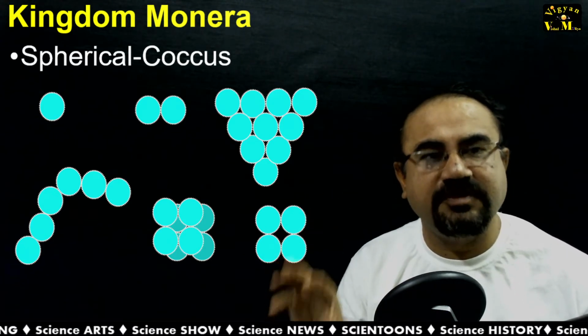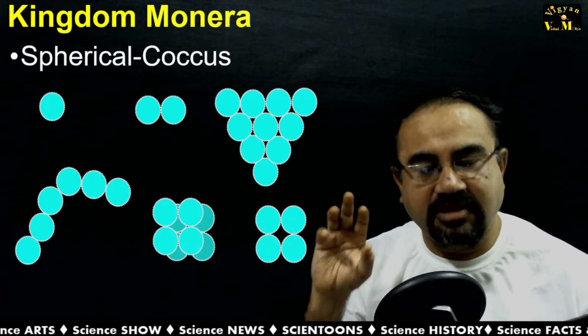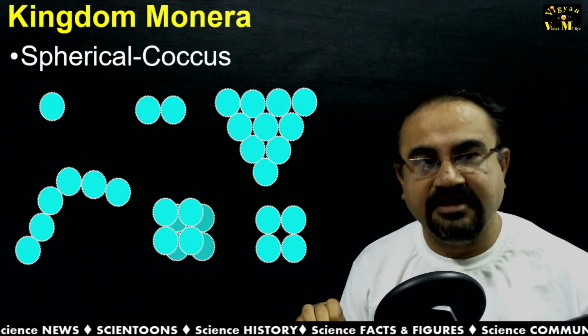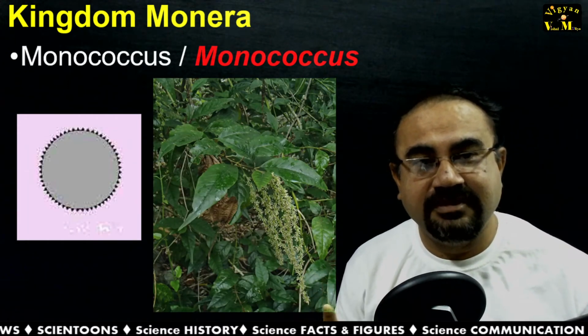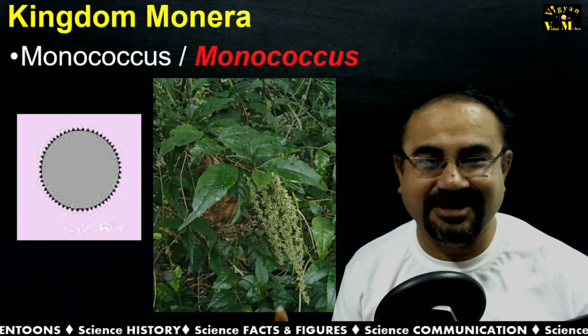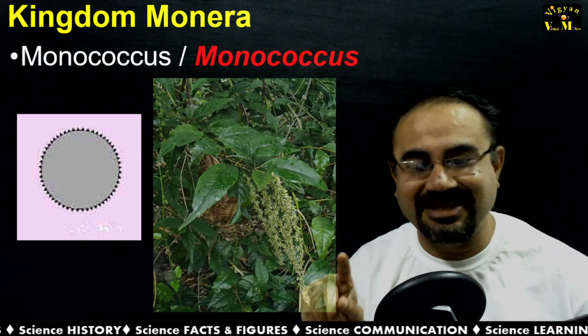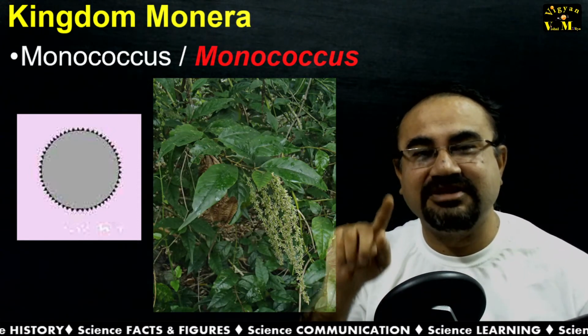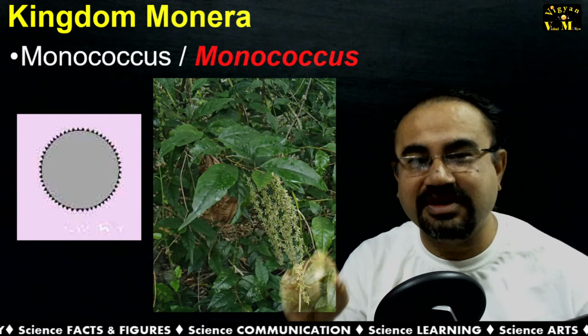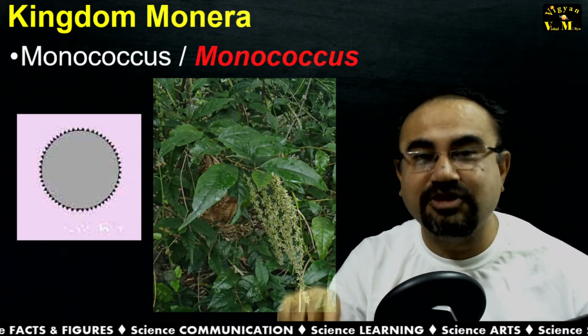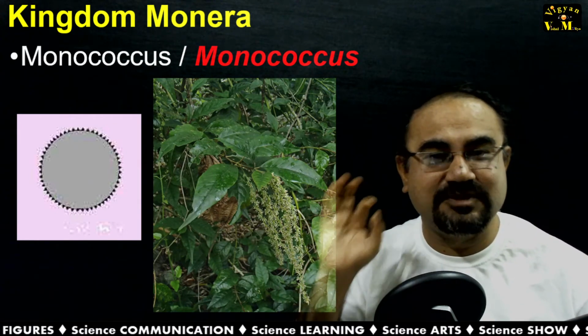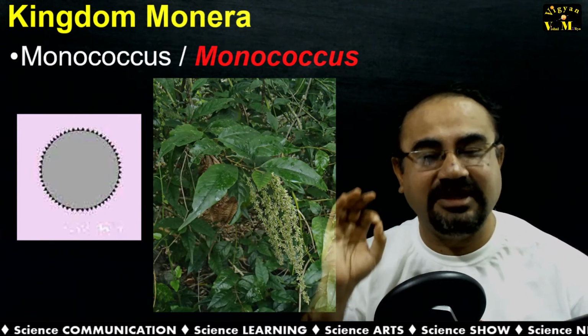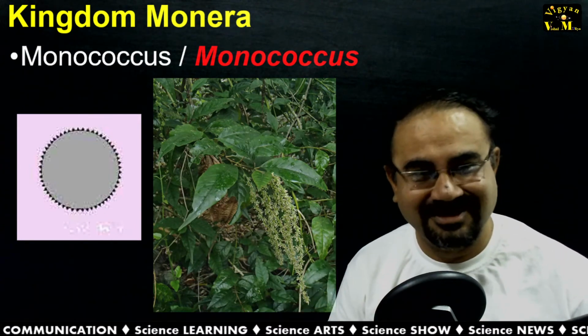Generally when they are spherical we call it coccus. Now if there is a single one, by default we will start saying monococcus. But monococcus is not the right term, because Monococcus is a genus belonging to the plant kingdom. This is a very nice piece of information, or a very nice question to twist.